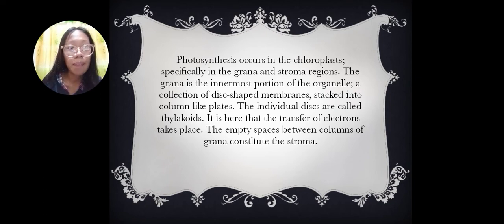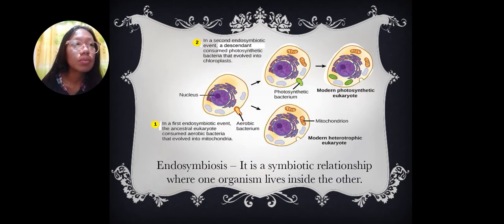Chloroplasts are similar to mitochondria, the energy centers of the cell, in that they have their own genome, or collection of genes, contained within circular DNA. These genes encode proteins essential to the organelles and to photosynthesis.